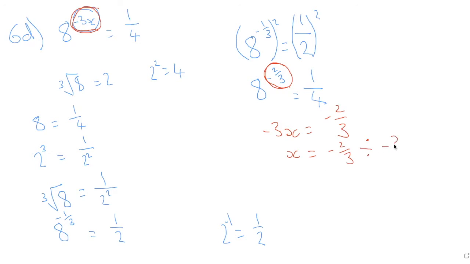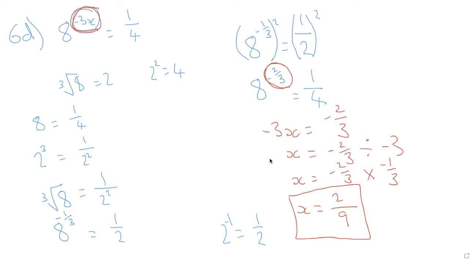But because I'm already dividing with fractions, we don't want to do 3 lots of division. That's really confusing. So I'm going to flip it and multiply. Remember, we don't divide fractions. We're going to flip it and multiply it. So x equals negative 2 times negative 1 is just 2. 3 times 3 is 9. So x equals 2/9. That's what x needs to be to make this true.